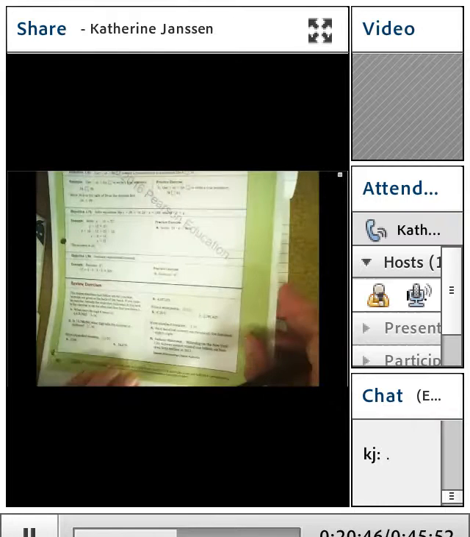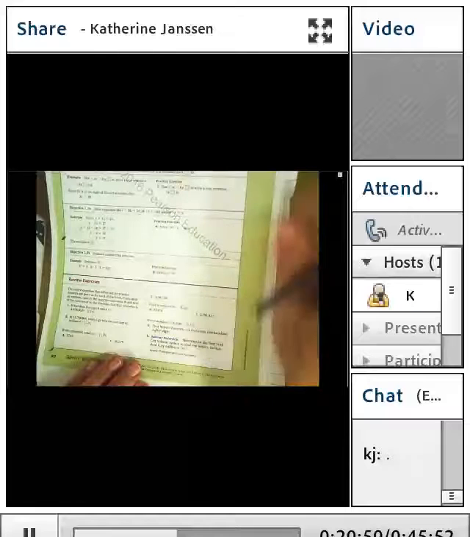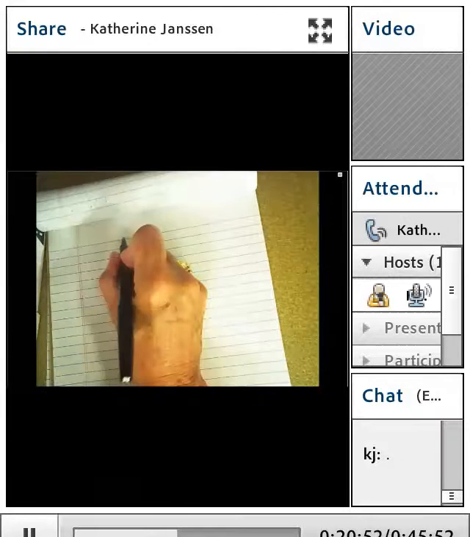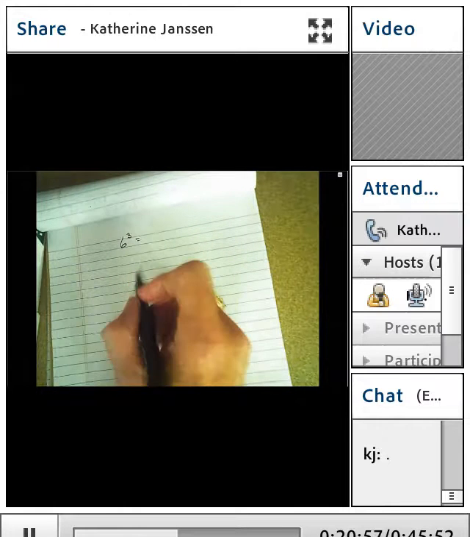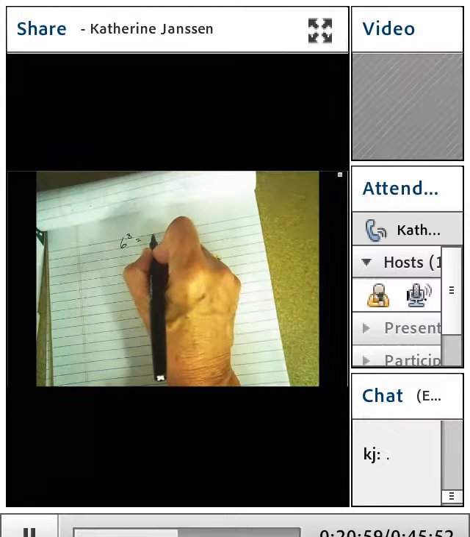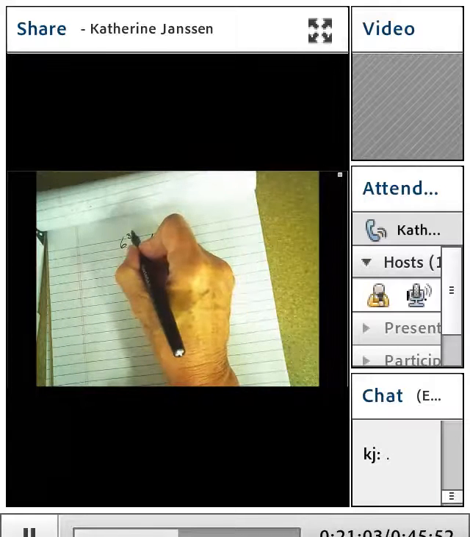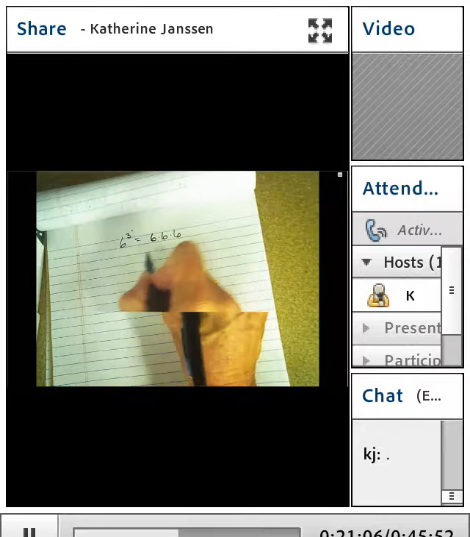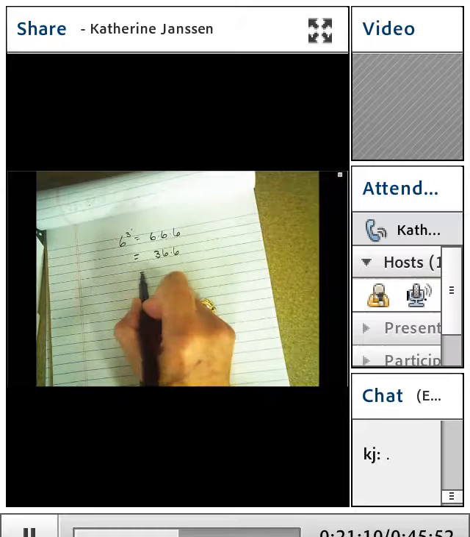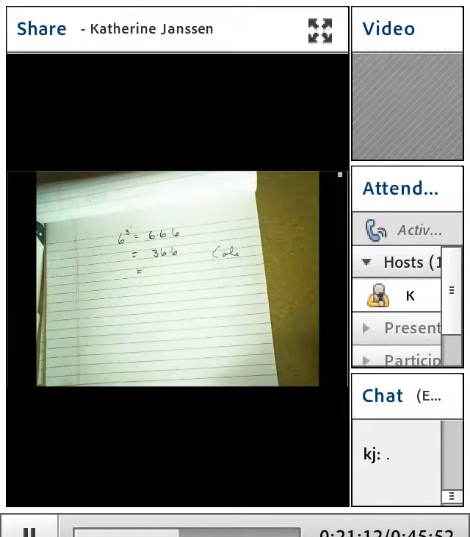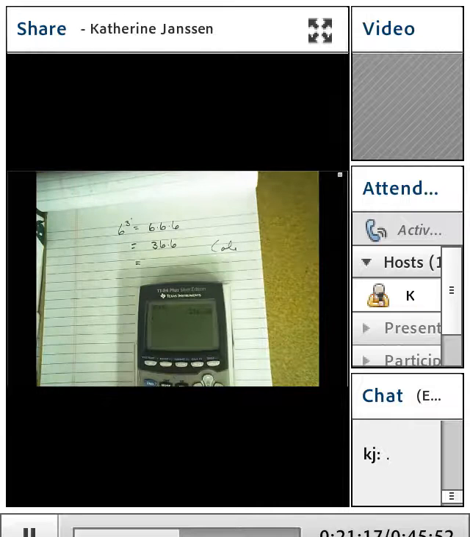And number 9, we're supposed to evaluate 6 raised to the third power. Remember, we have a base to a power. It means in exponents, a base times itself. How many times? A base times itself 3 times. Well, 6 times 6 is 36 times 6. And I'll use my calculator. 36 times 6 is 216.